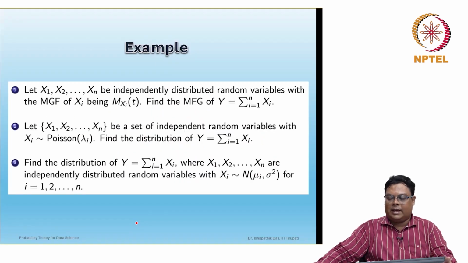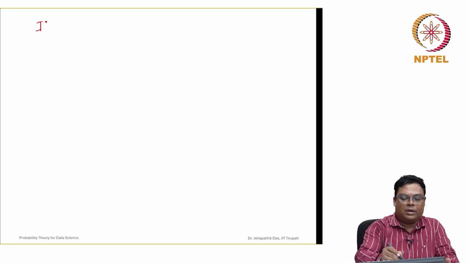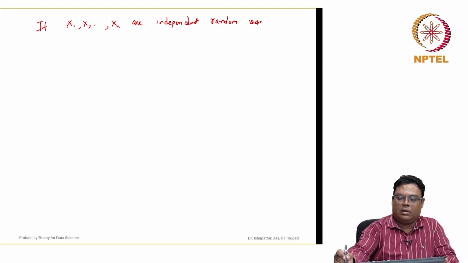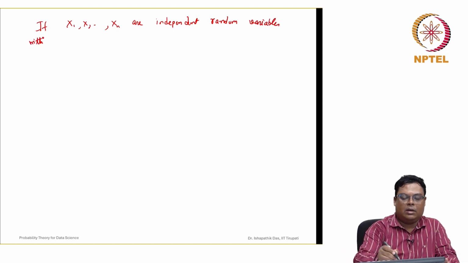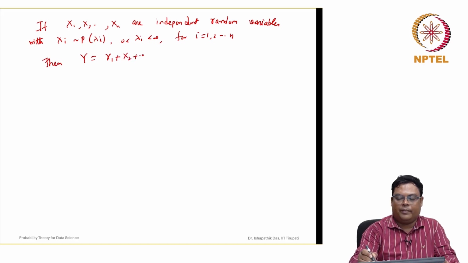Here for the general case, if X_1, X_2, ..., X_n are independent random variables with each X_i having Poisson distribution with parameter lambda_i, where lambda_i is greater than 0 and less than infinity, for i equals 1 to n, then Y equals X_1 plus X_2 plus ... plus X_n has Poisson distribution with parameter lambda_1 plus lambda_2 plus ... plus lambda_n.